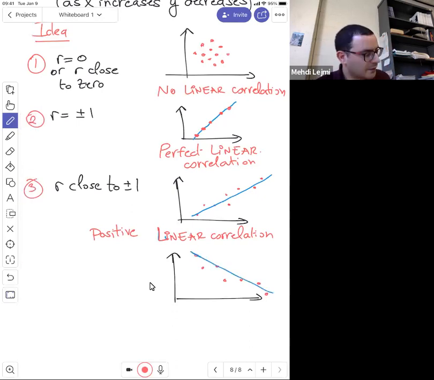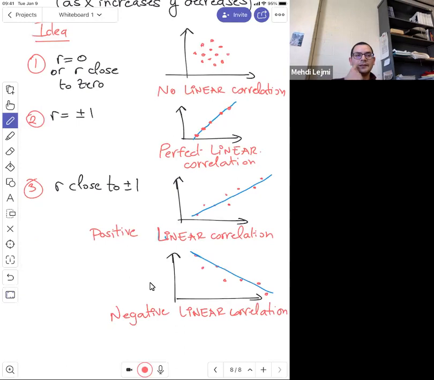Here we have a negative linear correlation, so your R is going to be close to -1. So that's the properties of this number R.